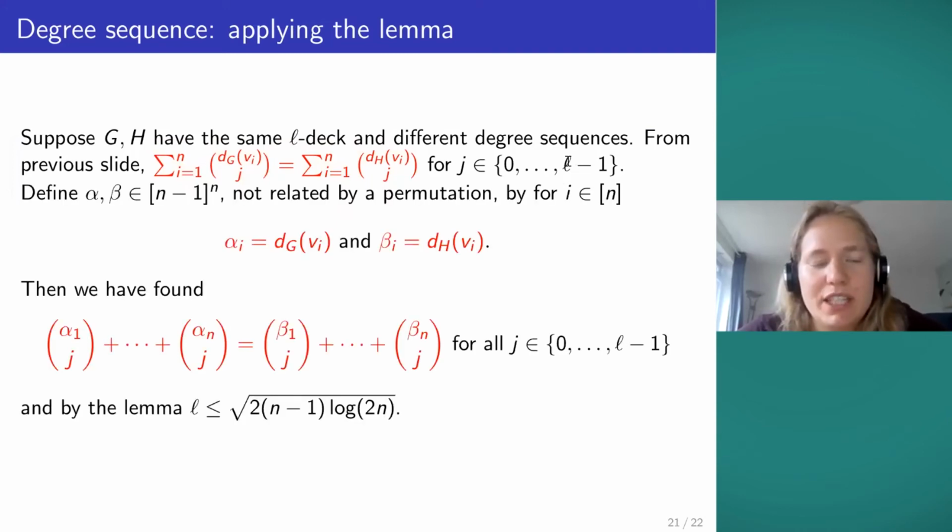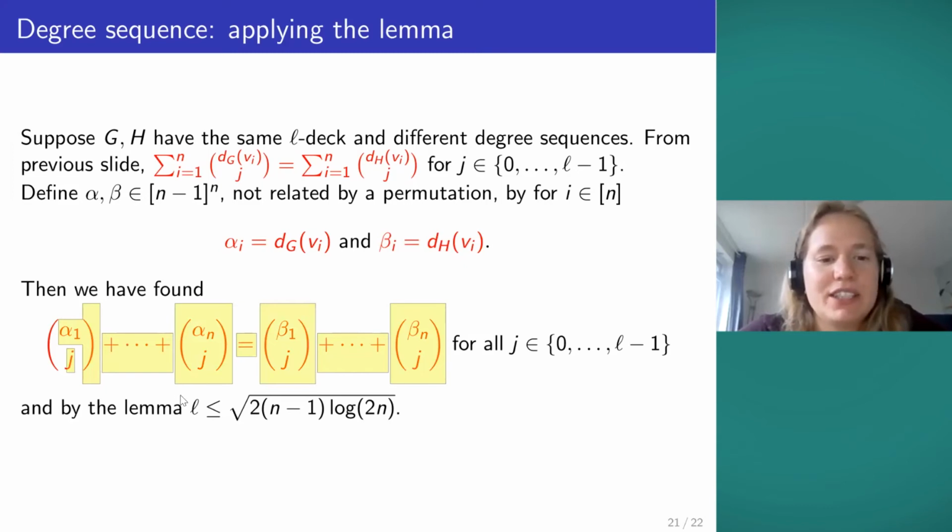So now, if G and H didn't have the same degree sequence, then if we take these two things as their sequences, they're not related by a permutation. If they're not the same degree sequence, then these alpha and beta won't be the same up to a permutation. But at the same time, we just found that these binomial sums were all equal. And the lemma then tells us that, in fact, we can retrieve the alpha I and the beta I values.